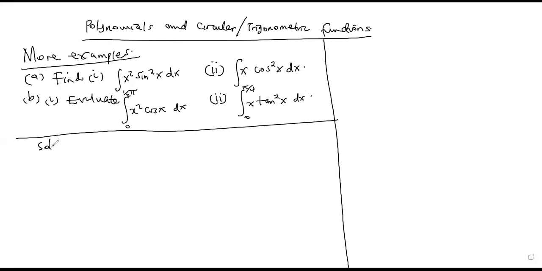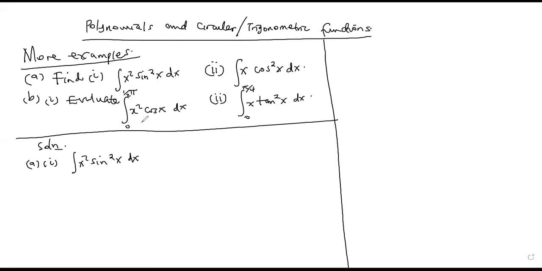A. Solution. I'm beginning with part A, Roman 1. We are having the integral of x squared sine squared x dx. We say that the function that can easily be differentiated, we need it to be u, and the function which can be easily integrated becomes our dv dx.